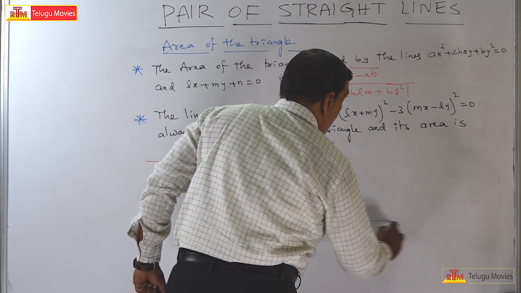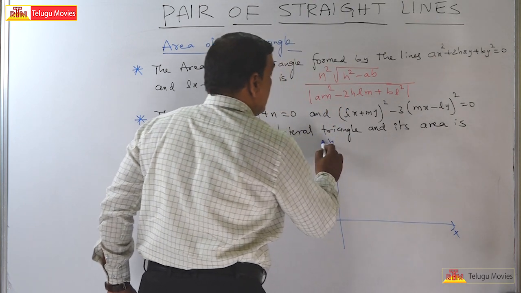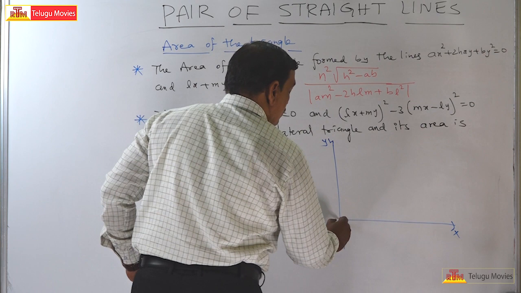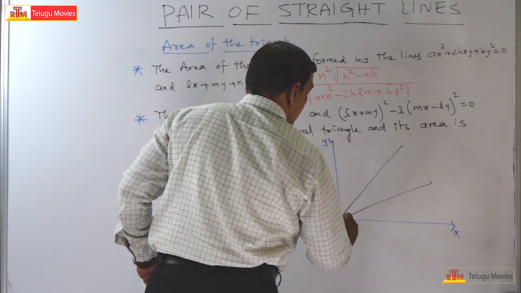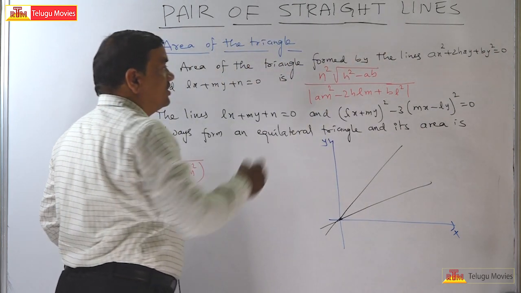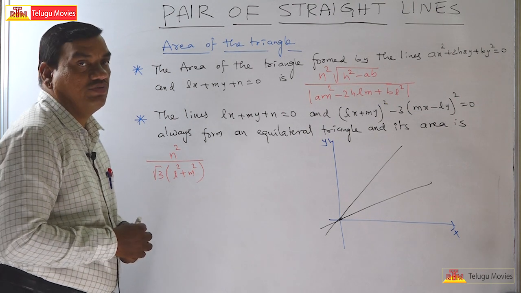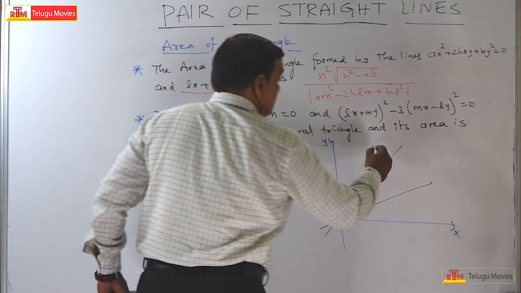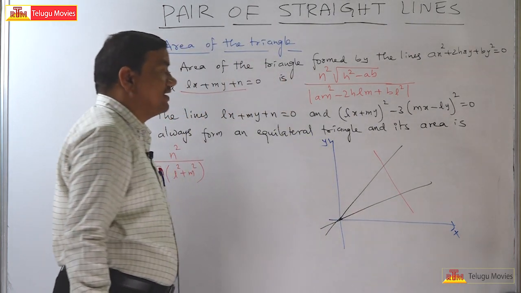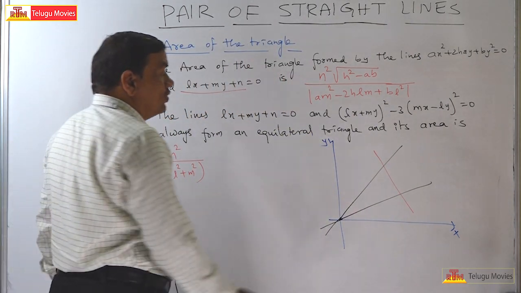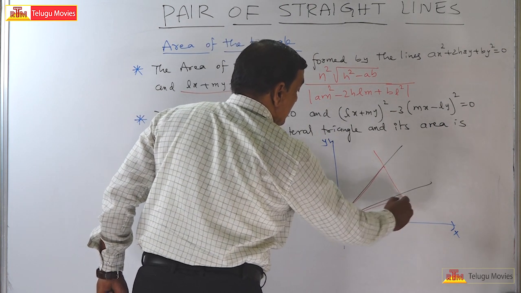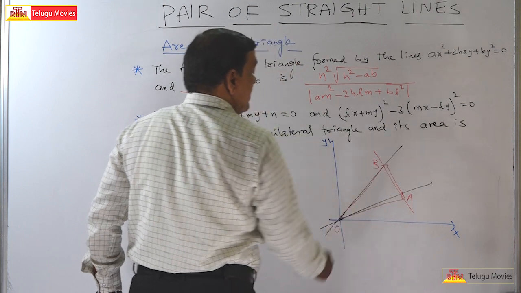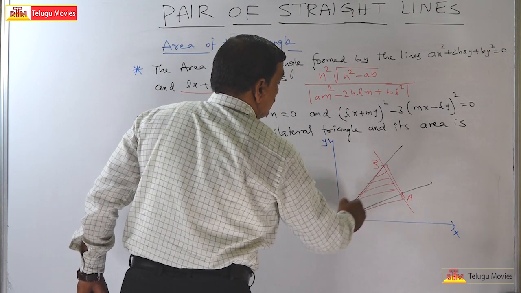Let us take the two-dimensional system with the x-axis and y-axis, and a pair of lines passing through the origin, ax square plus 2hxy plus by square is equal to 0. Another line is lx plus my plus n is equal to 0. Thereby it forms a triangle, which we call OAB.